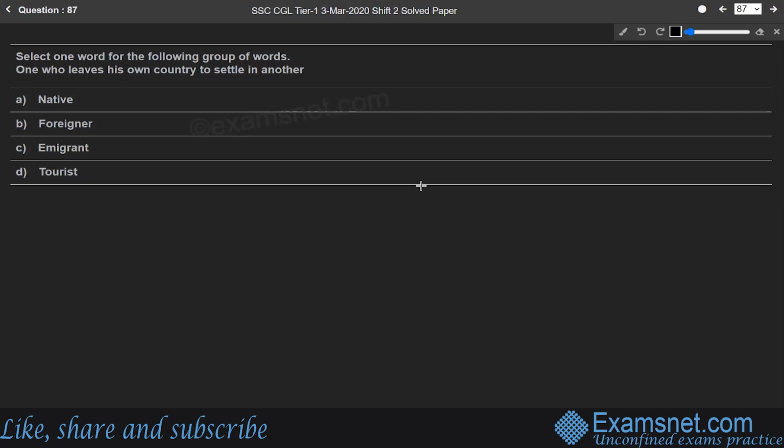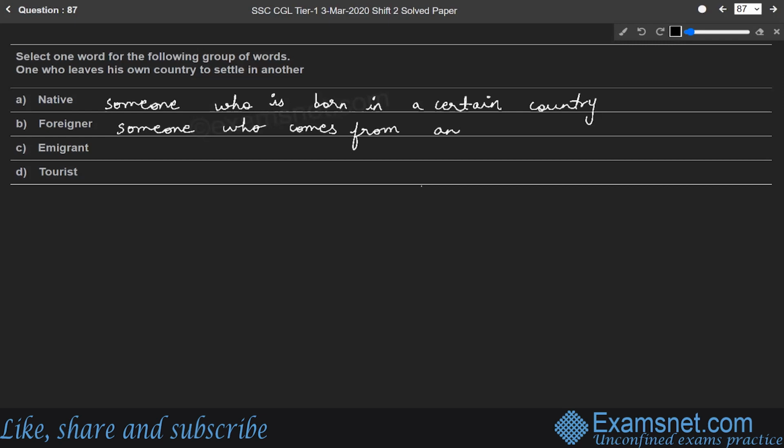The first option is native, right? Native refers to someone who is born in a certain country, or we can say someone who belongs to a certain country. Next is foreigner. Foreigner refers to someone who comes from another country, that is, someone who belongs to another country and not one's own.